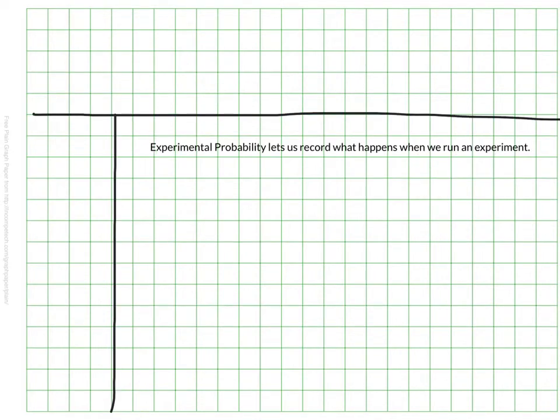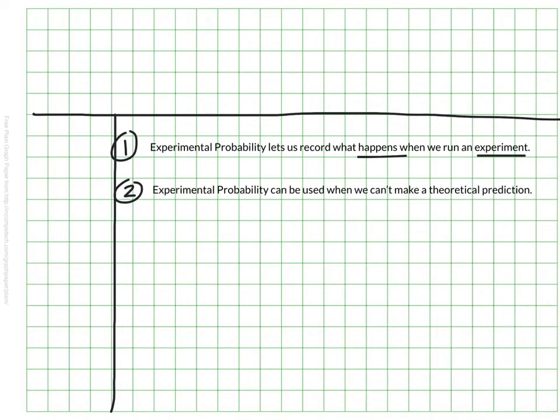So this is the first thing, right? We know that one thing experimental probability does is lets us record what actually happens when we run an experiment. So we can just put out there what the results were. But experimental probability can also be used when we can't actually make a theoretical prediction.